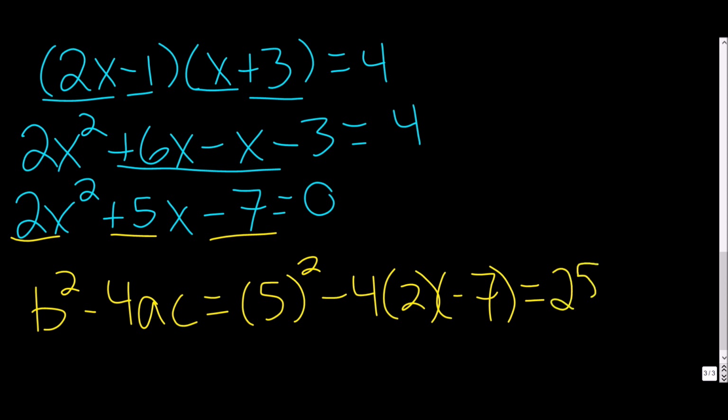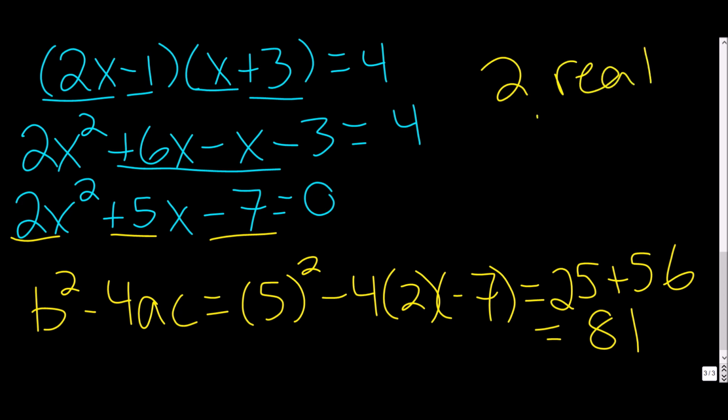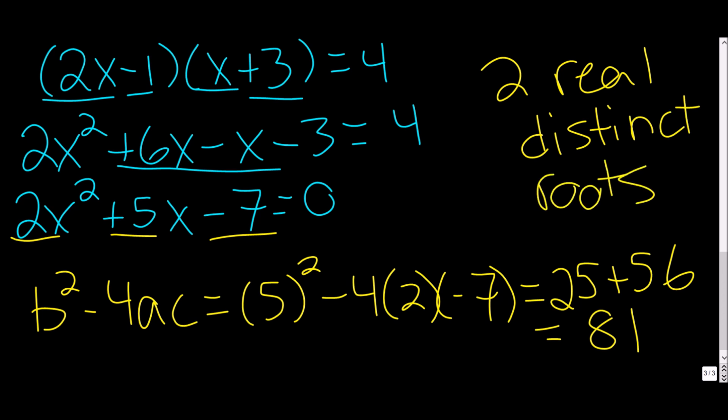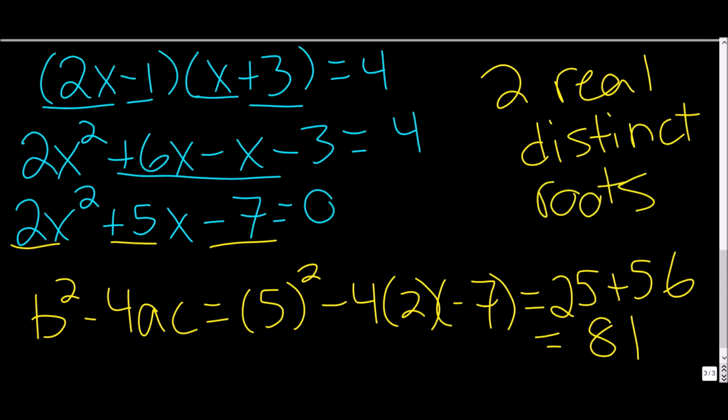So -4 times 2 is -8. -8 times -7 is 56. And so that is the same thing as 81. Awesome. So this is two real and distinct roots, if you remember from earlier. So just make sure that we get it in standard form before we do anything. We can't say anything before that.